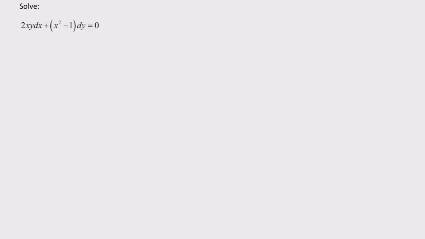So first off is to first calculate our m function. So that would be m of xy, which should be this piece in front of dx. So that's 2xy. And our n function would be the other piece.